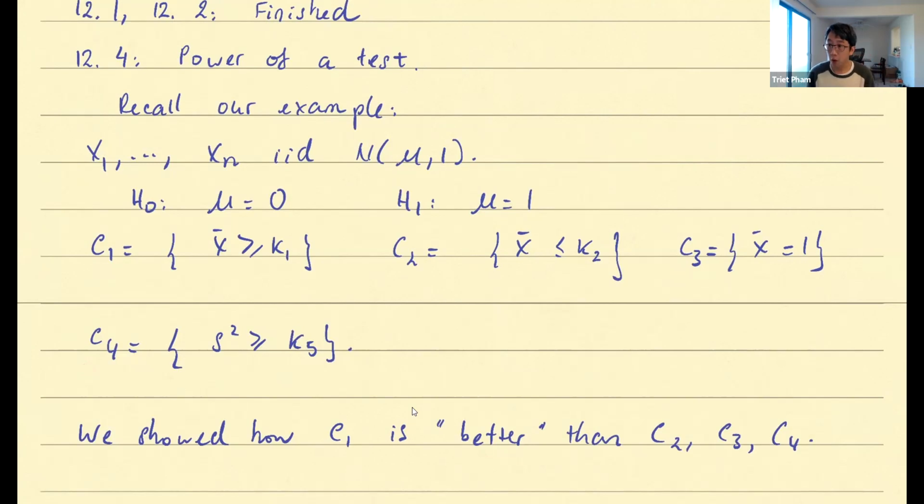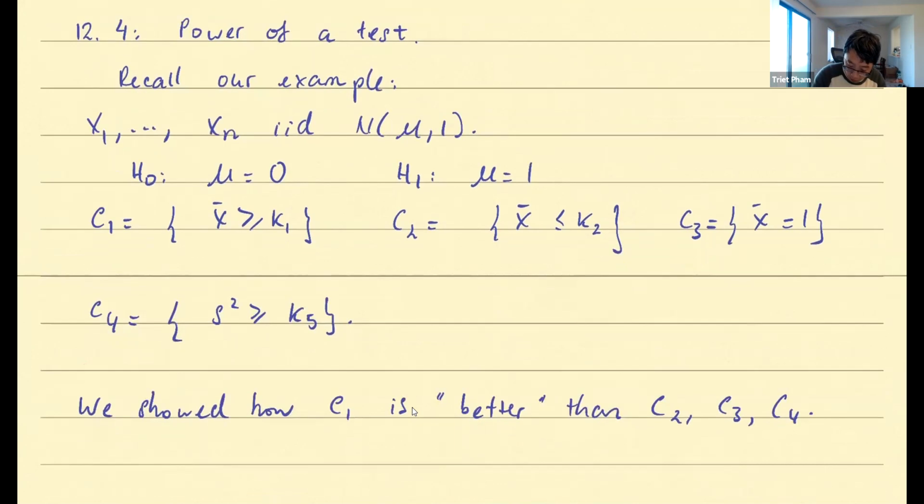So now if we go with C1, what can we do more specifically, right? Suppose we pick C1 as our rejection criterion. By picking C1, I mean I go with this structure, right? Because notice that when I say I pick C1, C1 is not completely specified yet until I know what K1 is, okay? So when I say I pick C1, I just mean that I pick this structure. But if I pick C1, then I will need to specify further.